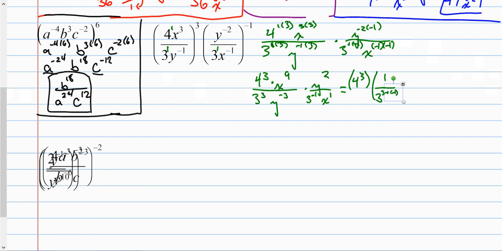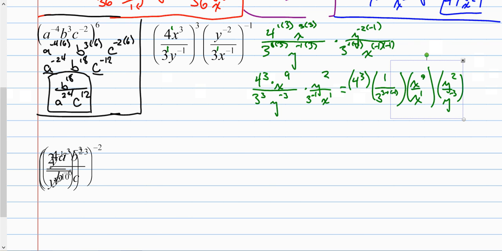Because I'm adding them together, they're in the same part of the fraction. And then my x's, I have an x to the 9th over an x to the 1st. And my y's, I have a y to the 2nd over a y to the negative 3rd.